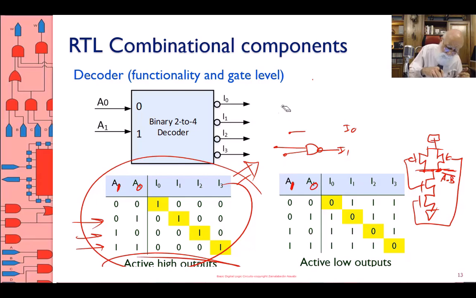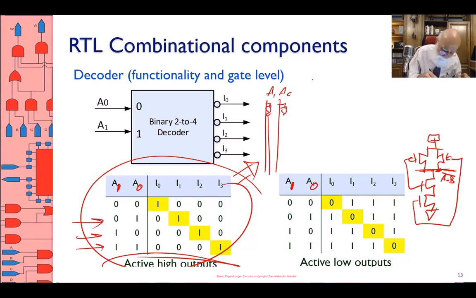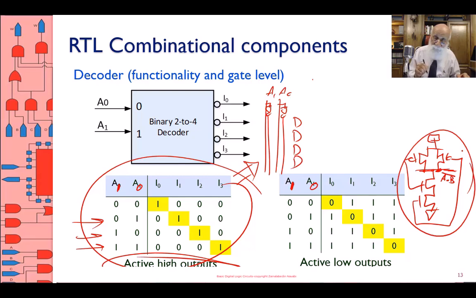Say that, okay, since the only gates that are available to me are NAND and NOR, I'm going to do this. A1, A0, build this. A1, A0, 1, 2, 3, 4. See, here is an AND.